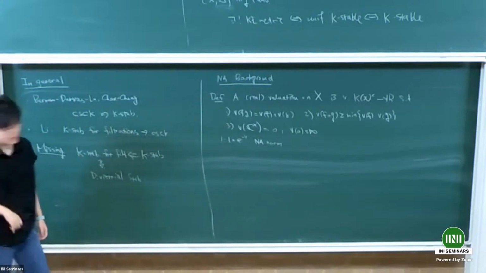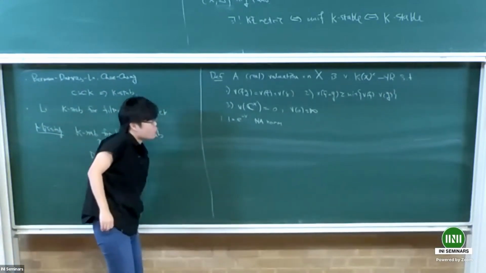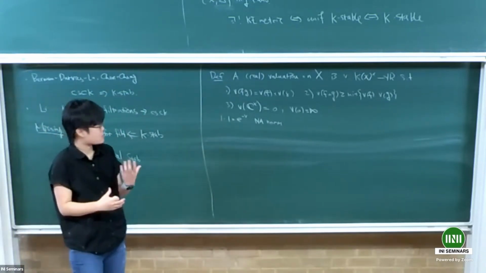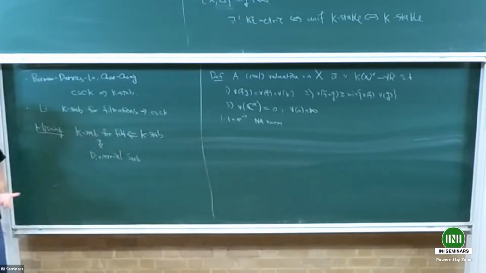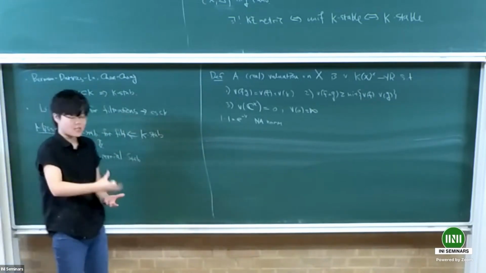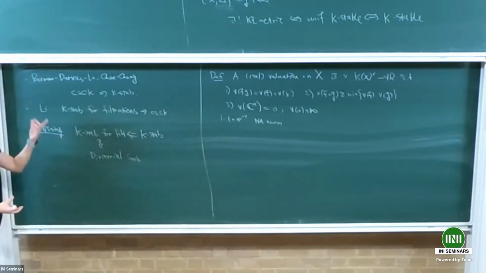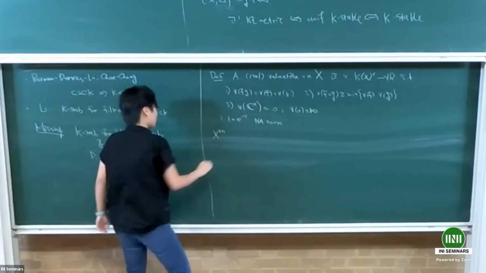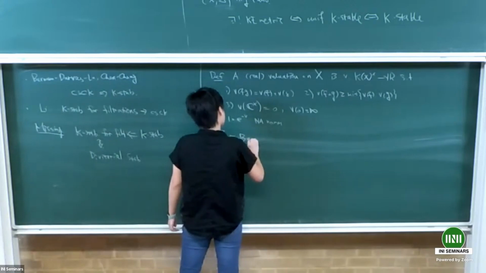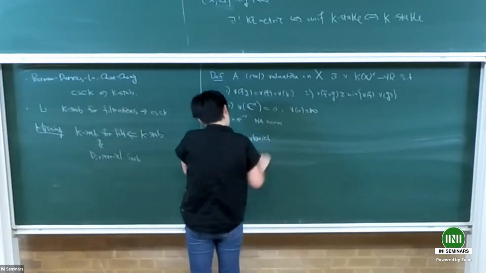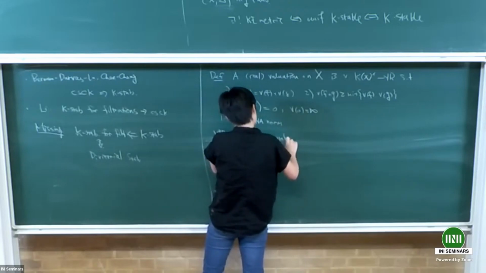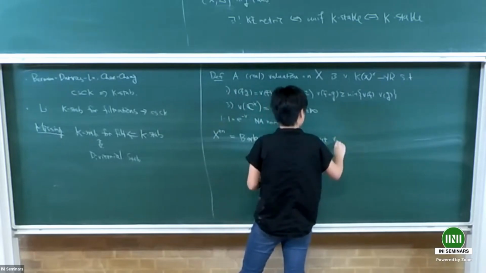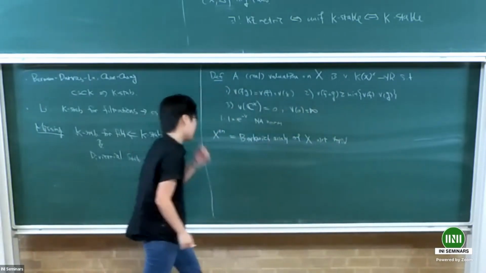So the benefit of working with valuations in general is that this allows you to translate the information about test configurations back to the variety itself. But the space you're looking at is not going to be the original variety X. Instead, it is the Berkovich analytification of X. By this, I'll always mean the Berkovich analytification of X with respect to the trivial valuation on the complex numbers.